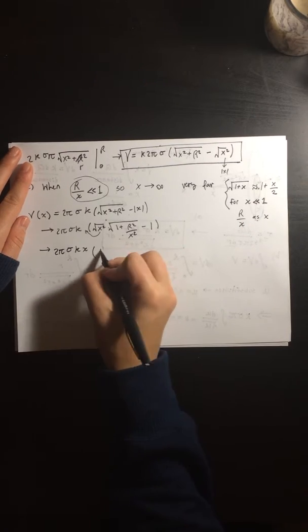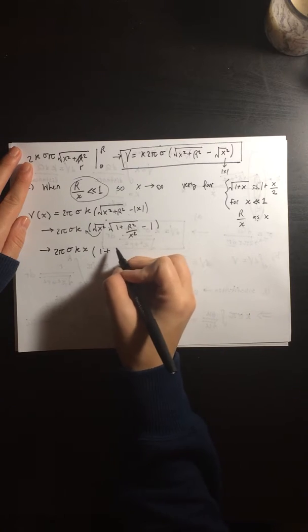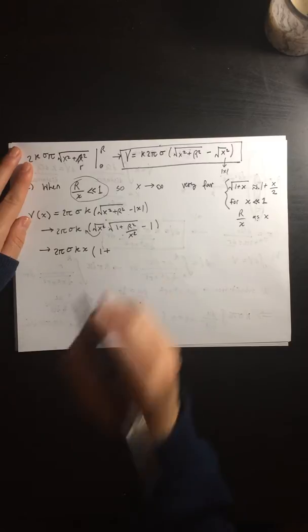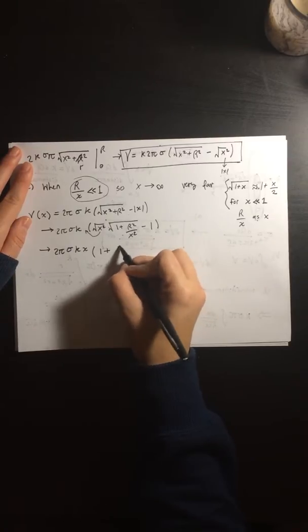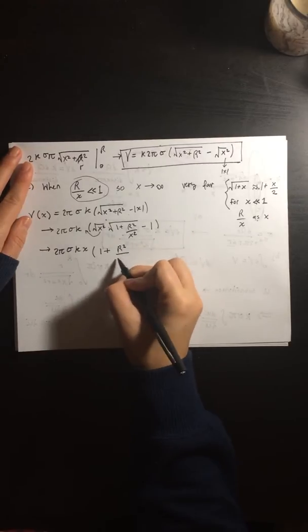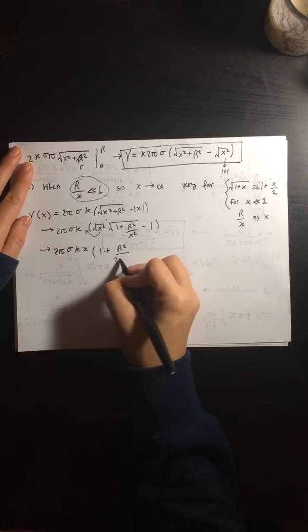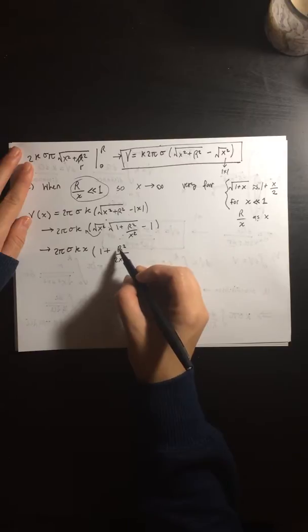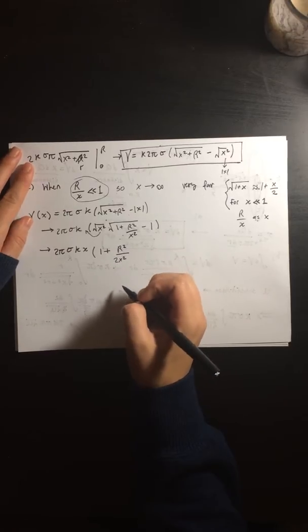So we have 1 plus x over 2, so that's r squared over 2x squared, right? Because r squared over x squared over 2 is going to be r squared over 2x squared.